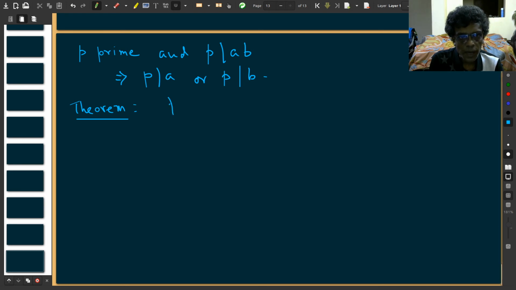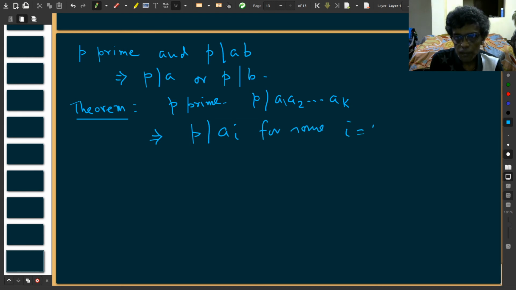If P is a prime and P divides a product A1, A2, up to AK, then P divides AI for some I ranging from 1 through K. I am not going to prove it, it's a straightforward generalization of this. Maybe you work it out.